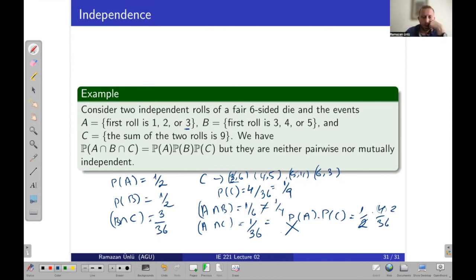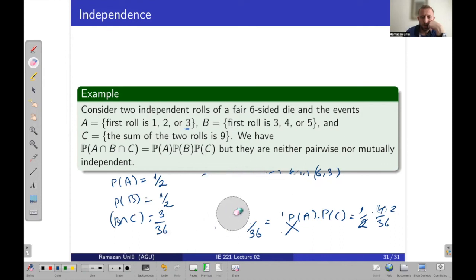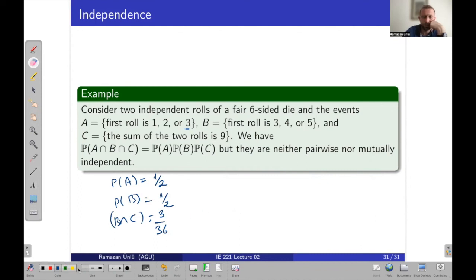So the individual multiplication will be the probability of B times the probability of C, and this is not equal to this one. So that's why I cannot say that also the events B and C are pairwise independent.